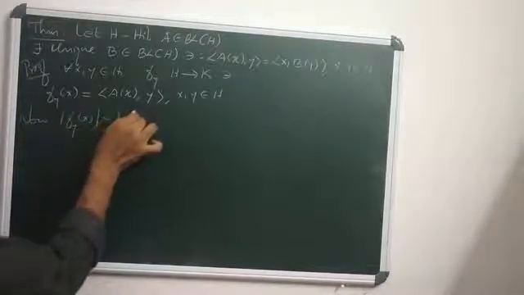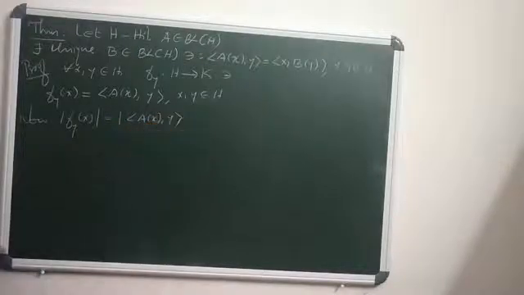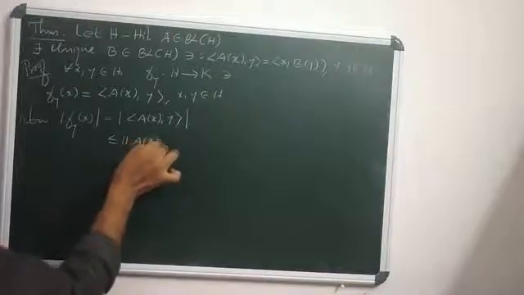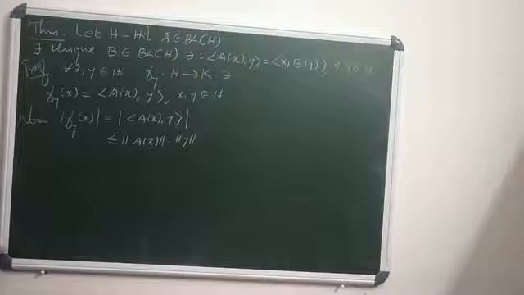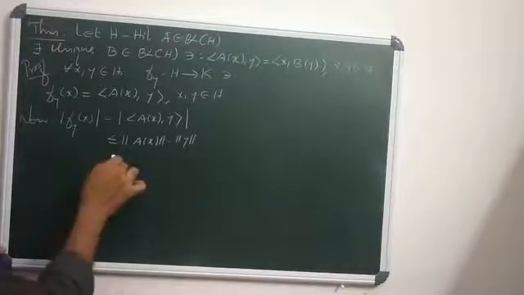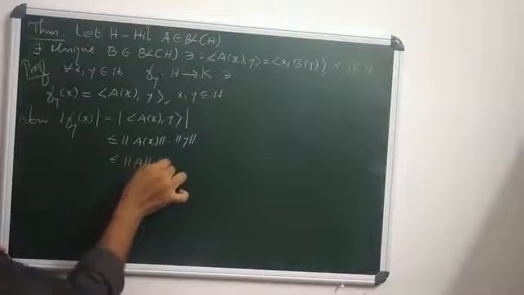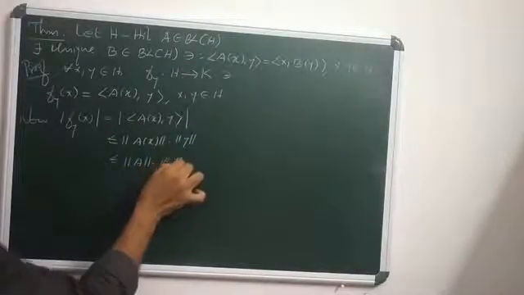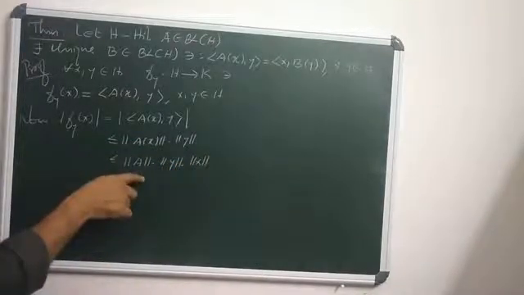The modulus of Fy of x equals the modulus of the inner product of Ax with y. But the modulus of the inner product is less than or equal to norm Ax into norm y. That is norm Ax, but norm Ax is less than or equal to norm A into norm x.